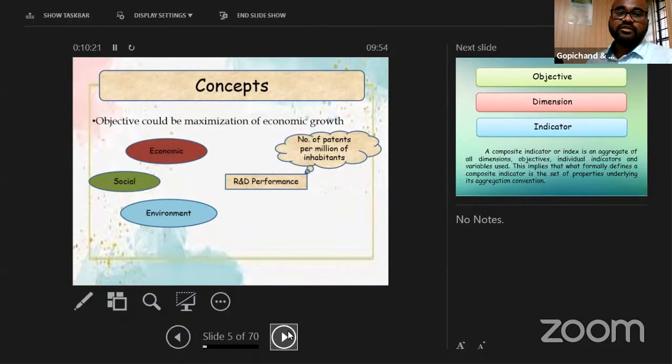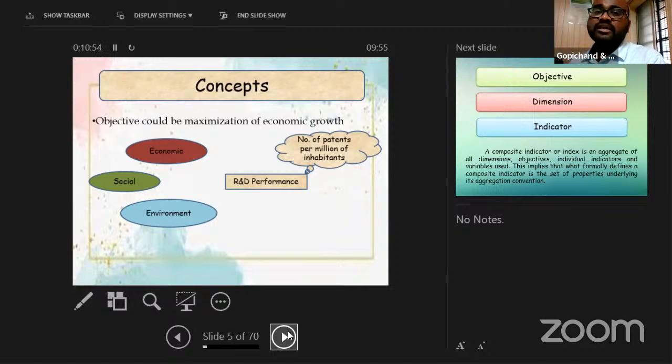Maximization of the economic goals, economic growth. It includes three dimensions: economic, social, and environmental dimensions. Here, within the economic dimension, research and development performance will be the indicator, and an indicator sometimes won't be directly measurable. We take many variables and aggregate them to form an indicator.